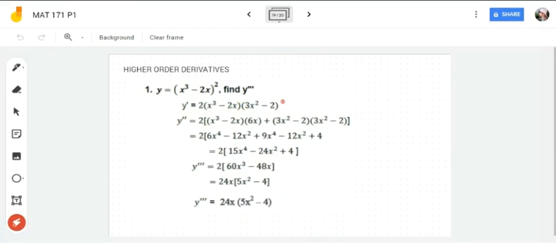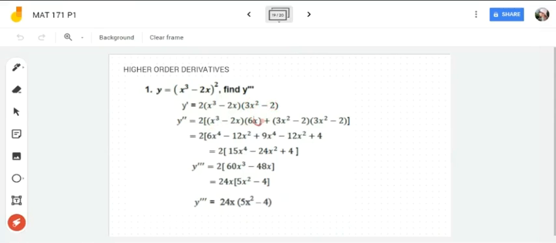And then, getting the second derivative, we will be differentiating your first derivative. So that will become your 2. Okay, this is the product rule. So your x cubed minus 2x multiplied by the derivative of your 3x squared minus 2. This will become 6x, this will become 0.